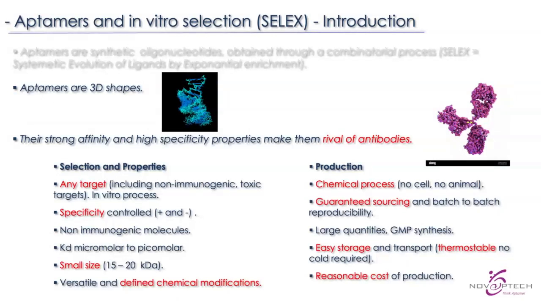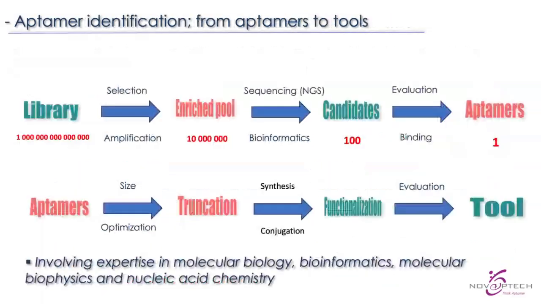This way, there is no limitation regarding the sourcing and the reproducibility from batch to batch. And last but not least, the production of these oligonucleotides is rather cheaper than the cost of antibodies.